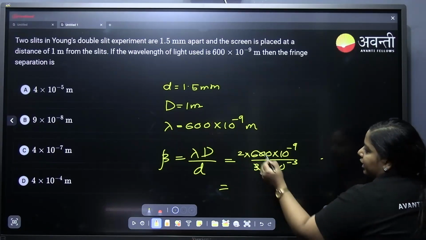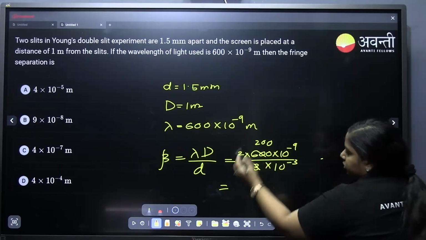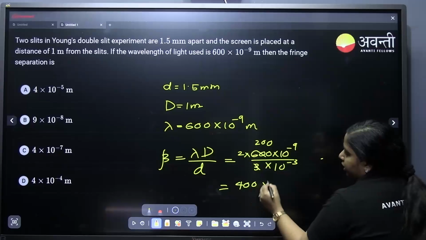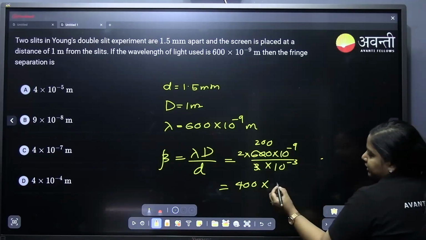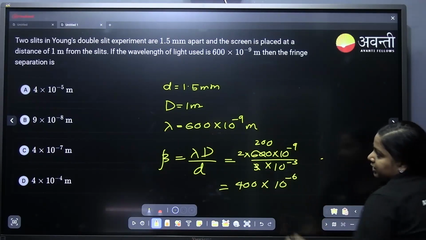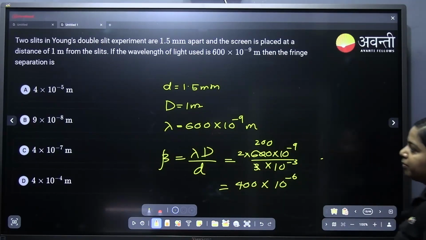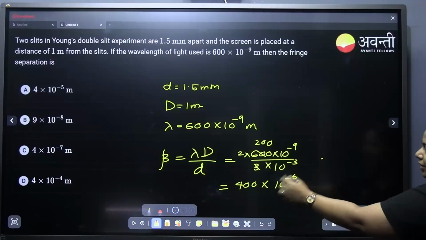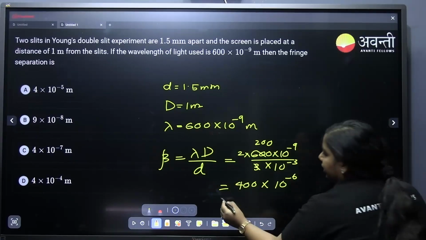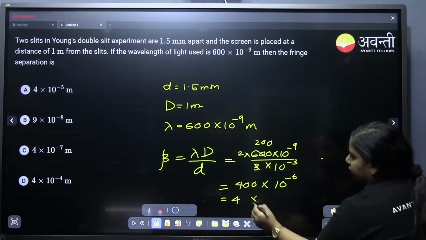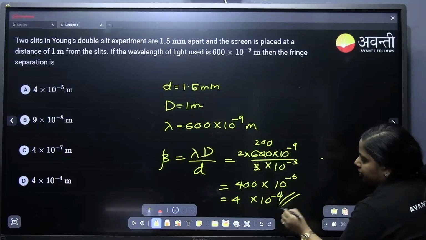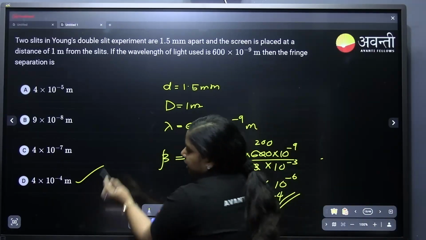So you will have here 200 into 200, 400 into 10 to the power minus 9 minus 3, that is 10 to the power minus 6. So out of that, which option will be correct? This is our final answer. If you are writing only one digit, 4 into 10 to the power minus 4. Answer option D.